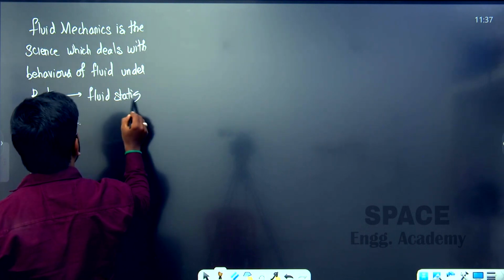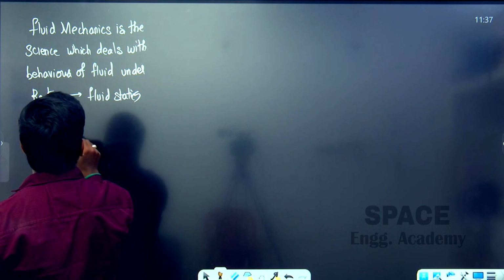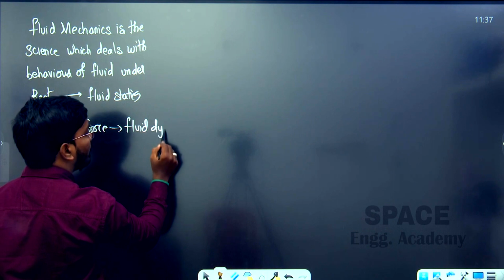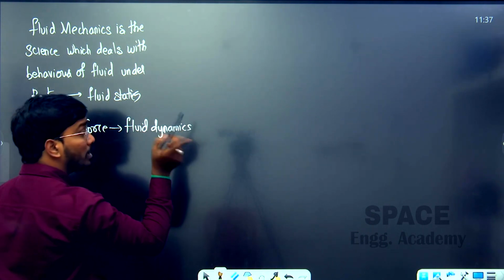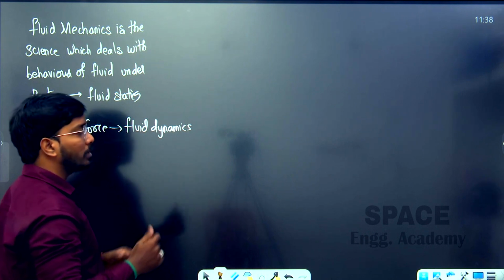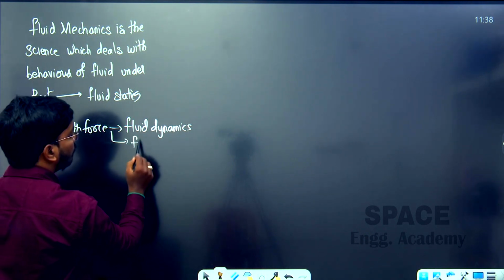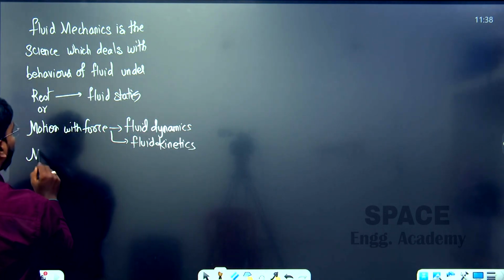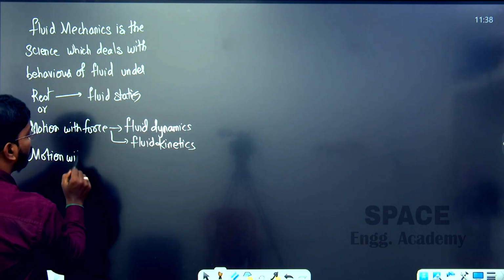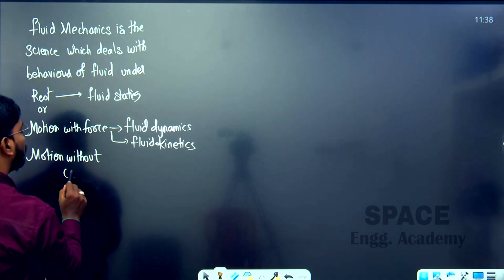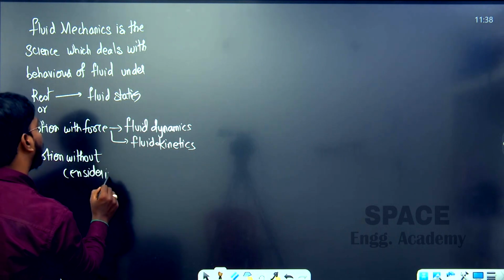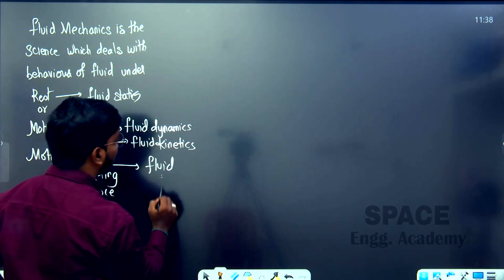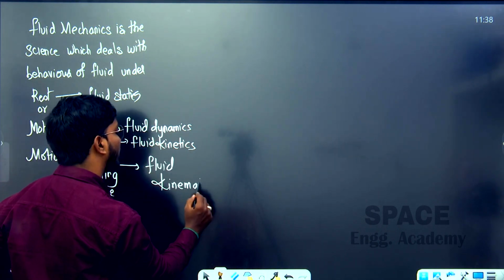Fluid under motion with force is fluid dynamics or kinetics. Here dynamics and kinetics both are the same. In engineering mechanics, dynamics is the main science and kinetics has subdivisions, but here fluid dynamics and fluid kinetics are the same, one science. Motion without consideration of force is called fluid kinematics. These are the basic definitions that we will find in the textbooks.